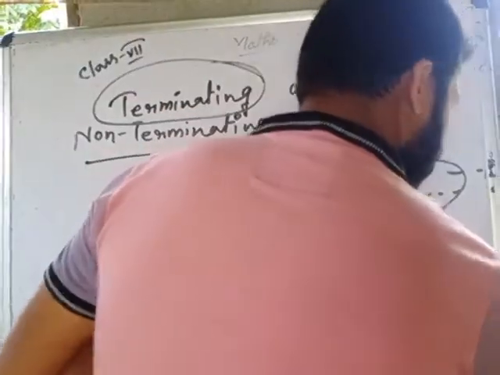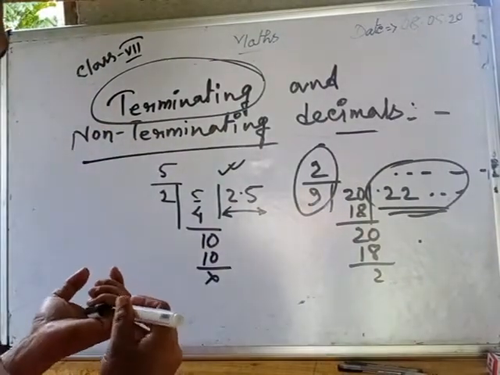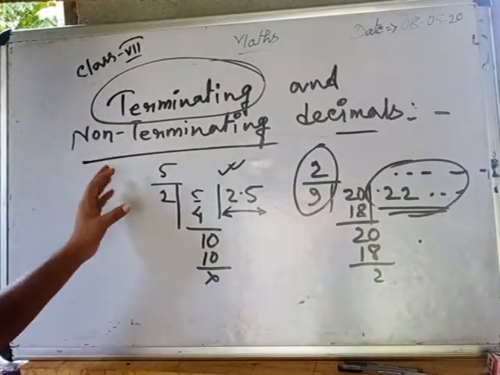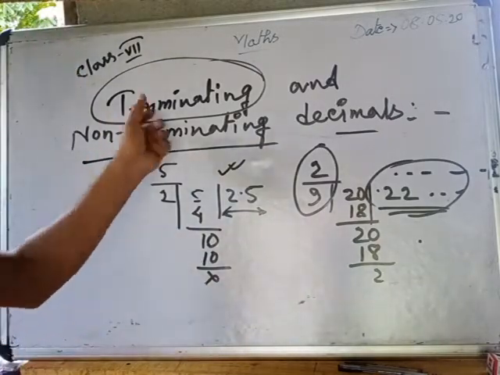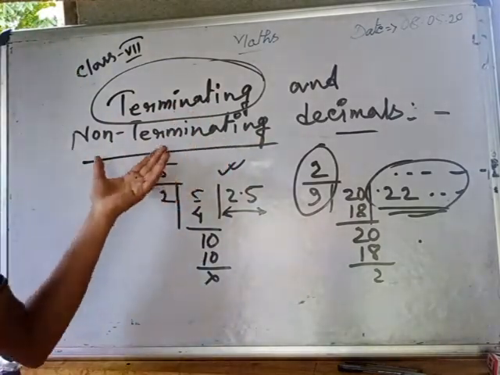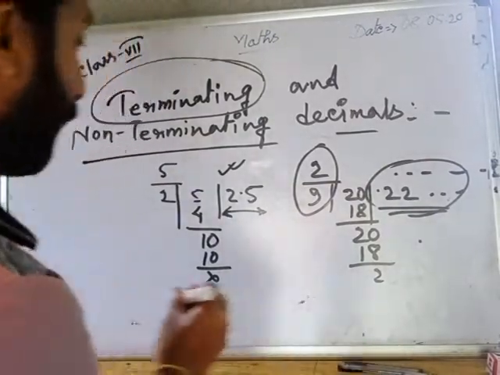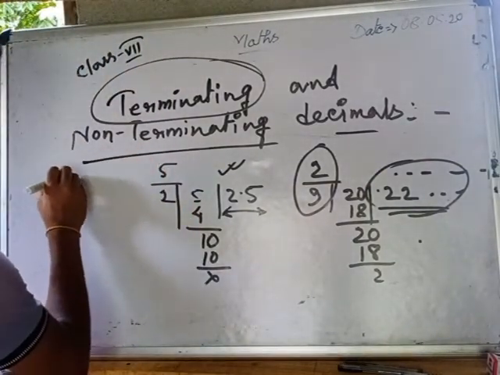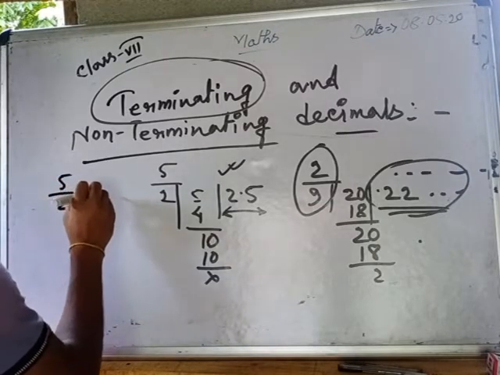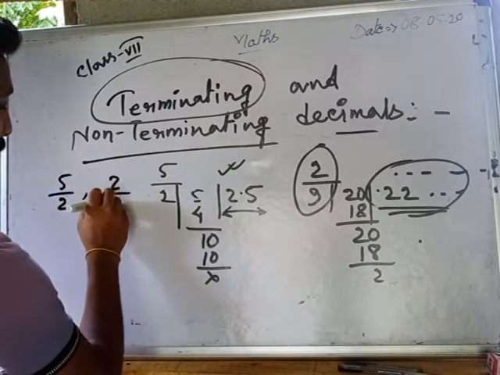Okay, so after that I will tell you how to find out, without dividing the fraction, which one is a terminating decimal and which one is a non-terminating decimal or fraction. Suppose it is 5 by 2 and 2 by 9.